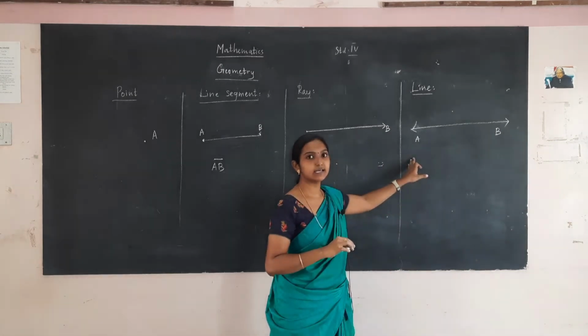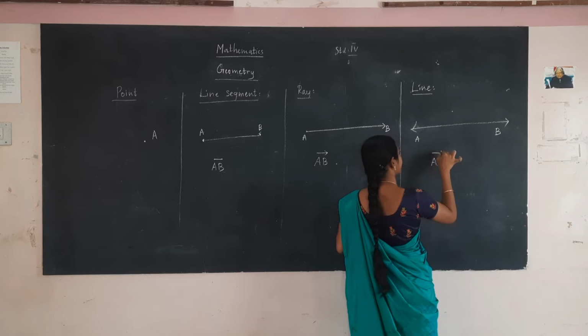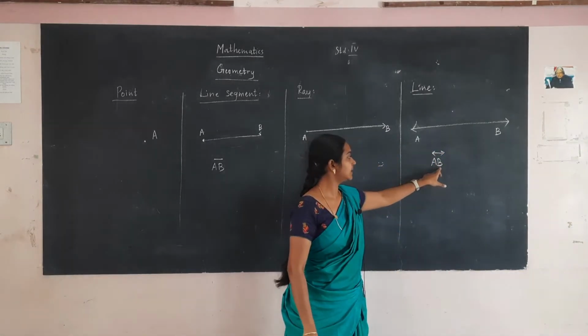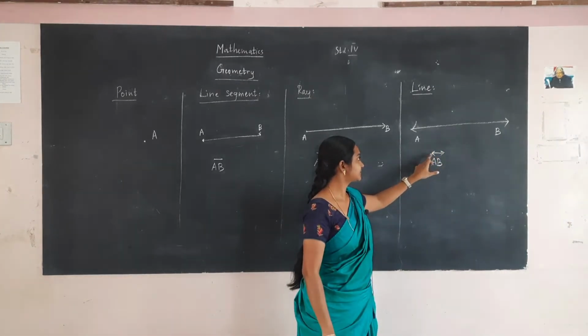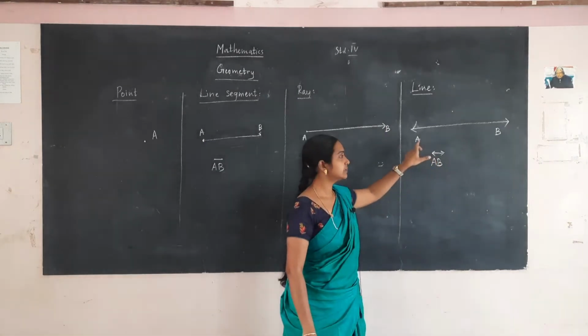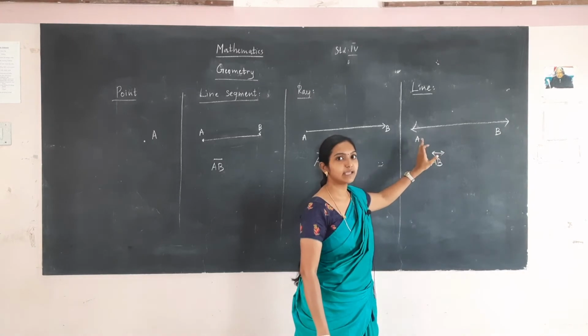So this is called a line. We write line AB by putting AB and a double-sided arrow mark above it. We should read it as line AB. In this line we don't have a starting point and we don't have an ending point.